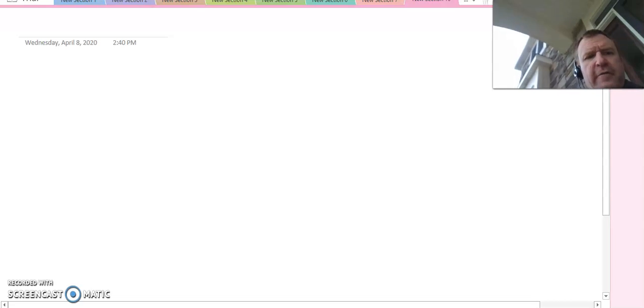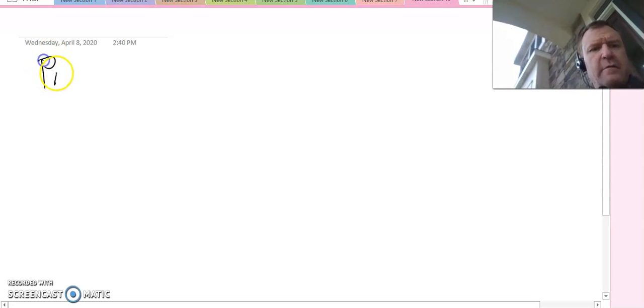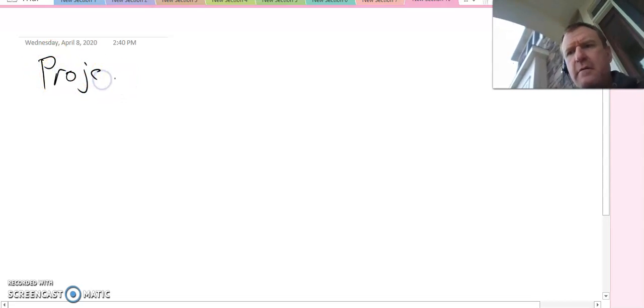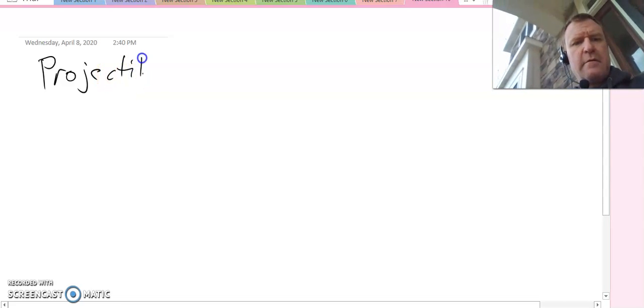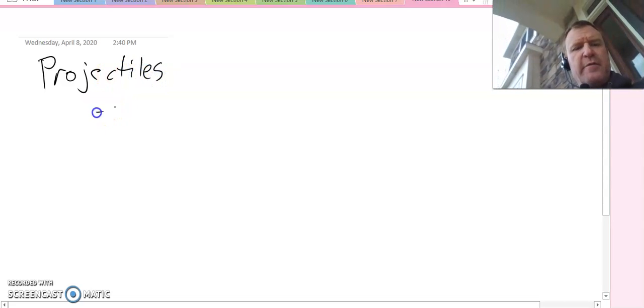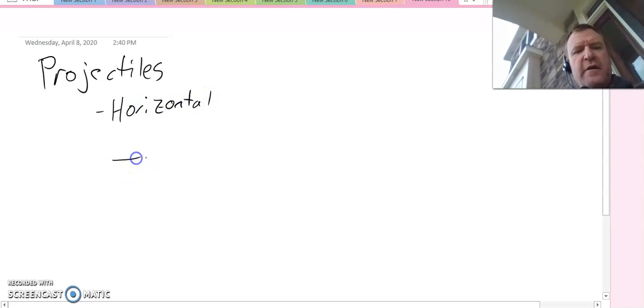Okay, so first of all, for projectiles, there's two types. We have horizontal. A horizontal projectile means it only has a velocity in the horizontal direction to start with, and then it's going to follow that parabolic path.